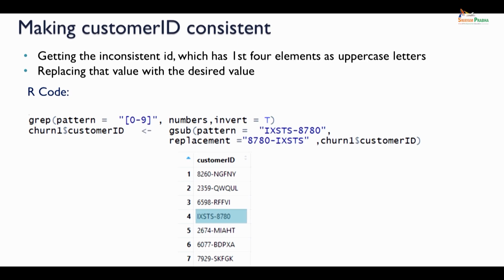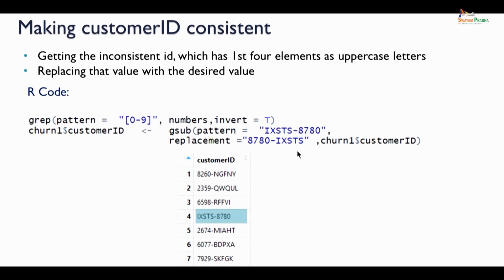Since the index is 4, I looked at the customer ID where it is represented as IXSTS-8780, but ideally it should have the first 4 as numbers, followed by the hyphen and then the uppercase letters. We are going to replace them by reverting the uppercase letters and numbers, because we do not know the logic behind how customer ID has been generated, but from the pattern in our data set, the first 4 should be numbers, followed by the hyphen and then the uppercase letters.